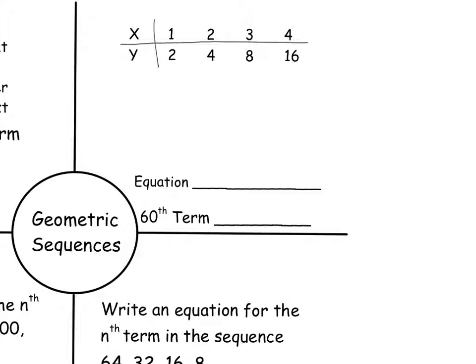So I'm going to look at this example and see what the common ratio is. So I see from 2 to 4, that's times 2. For 4 to 8, times 2. 8 to 16, times 2. So I know that my common ratio is 2. So far I have f of x equals something times 2 to the power of x. But I need to work backwards and find the zeroth term. So what times 2 is 2?